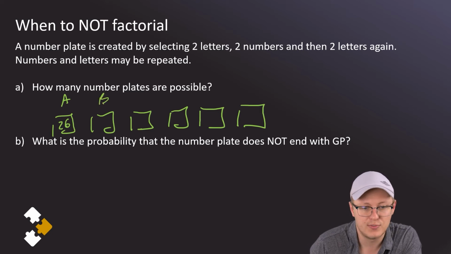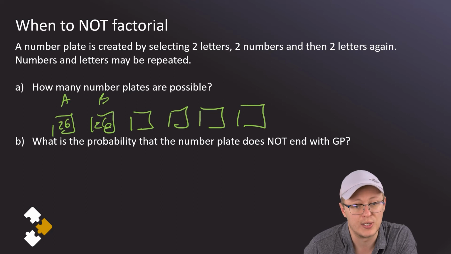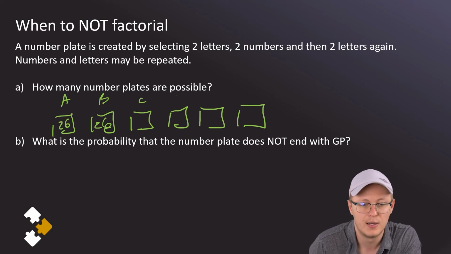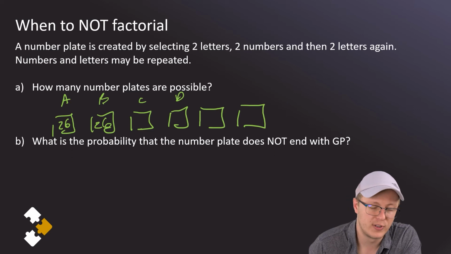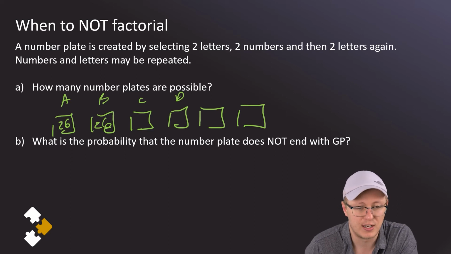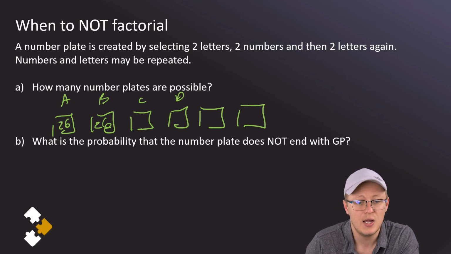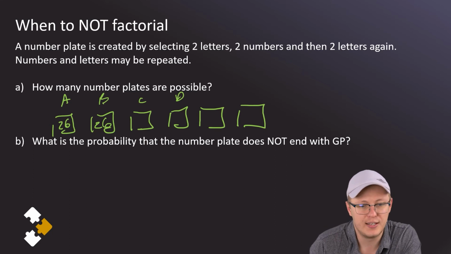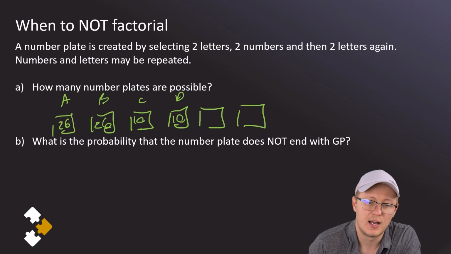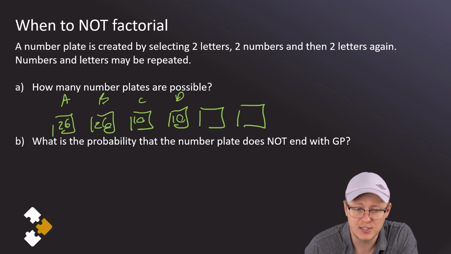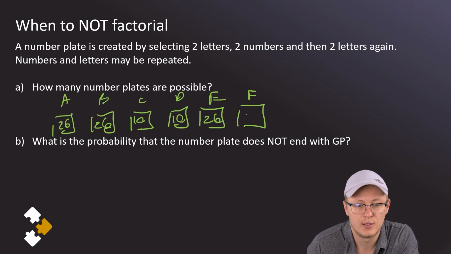The second spot, there's also going to be 26 things we can choose from, as we said, 26 letters in the alphabet. In the third and fourth spots, I'm labeling those events C and D. Well, for those, we can now actually choose 10 things because there are 10 numbers in our decimal system. And then E, F, we again get to use letters.